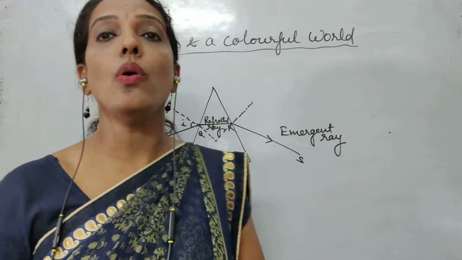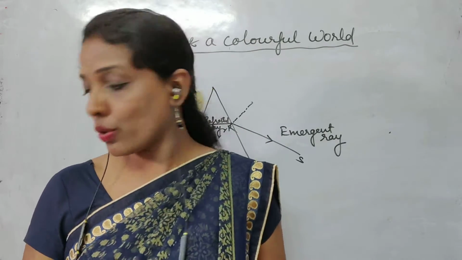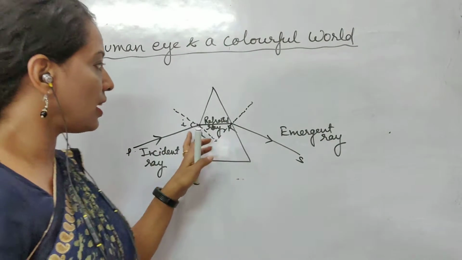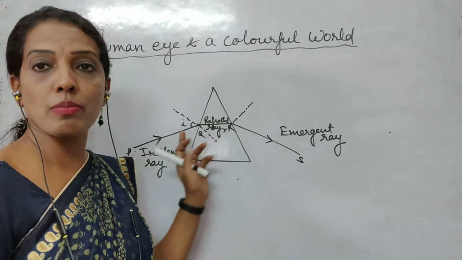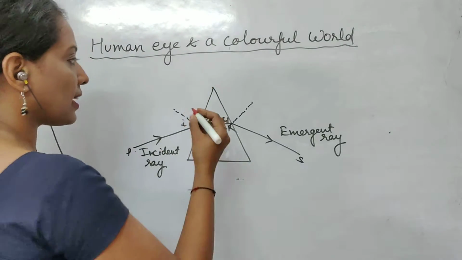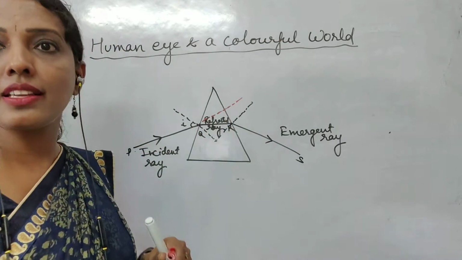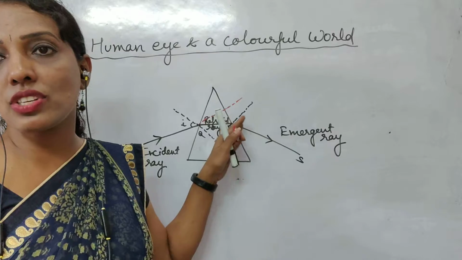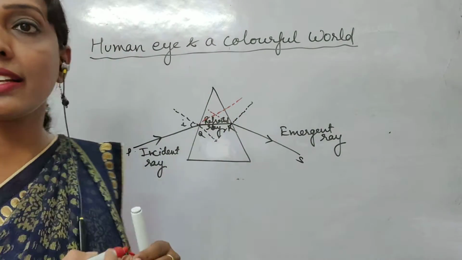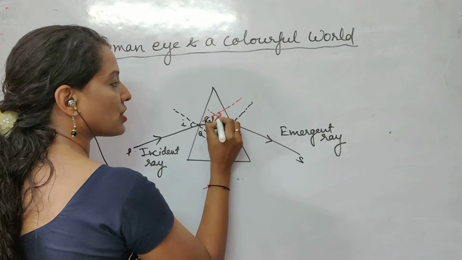Now the next thing, the angle of deviation. Whenever we talk about the angle of deviation, this is the normal. But suppose the incident ray is not refracted, in that condition it will pass straight on like this. And if we draw the emergent ray like this, this will be called the angle of deviation.